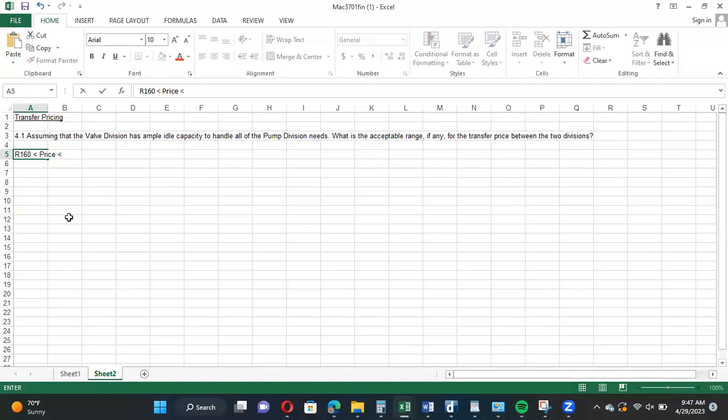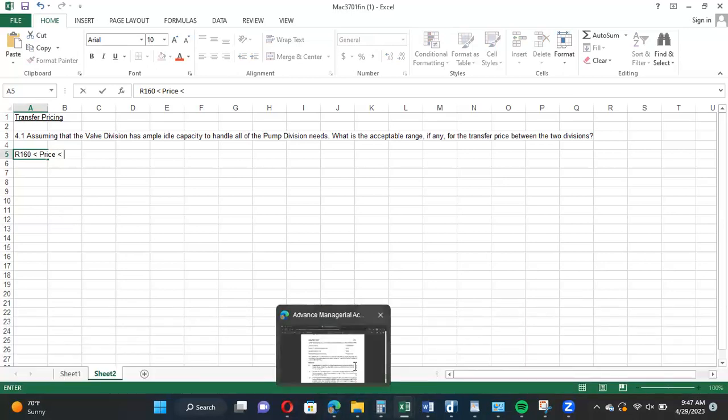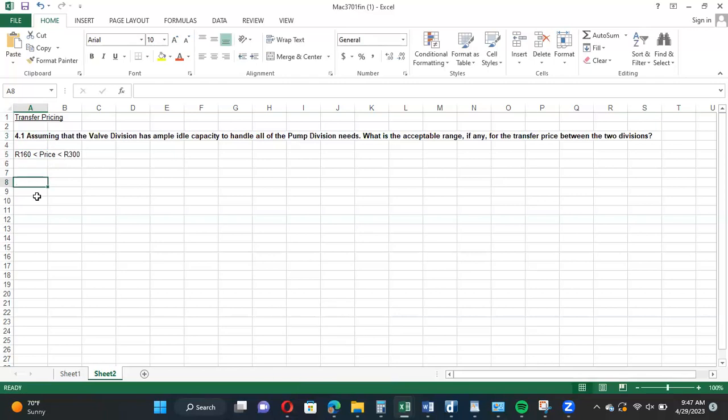They are better off without manufacturing that. And then the maximum price is 300. So we put that one. If we sell it at more than 300, then it's a challenge, because we are taking advantage of the relationship that we have here, you see. So this is the acceptable range right there.